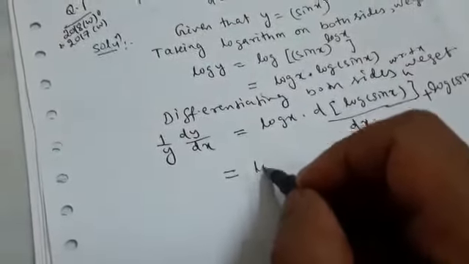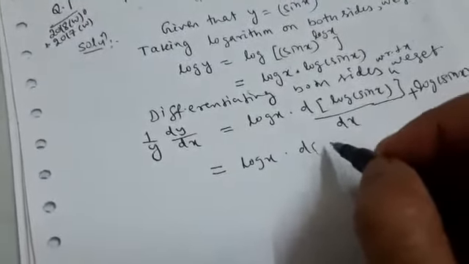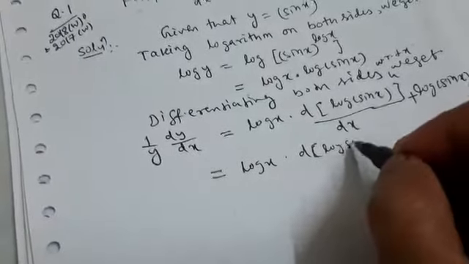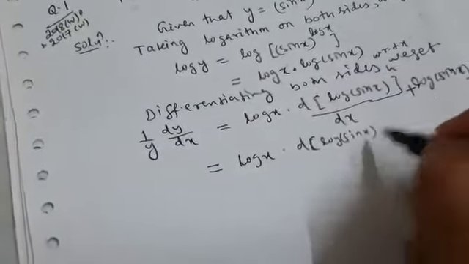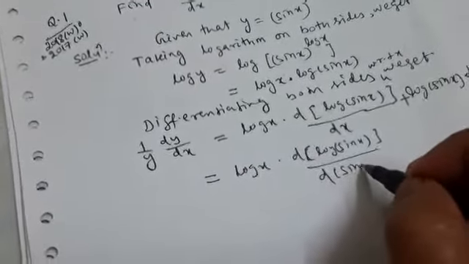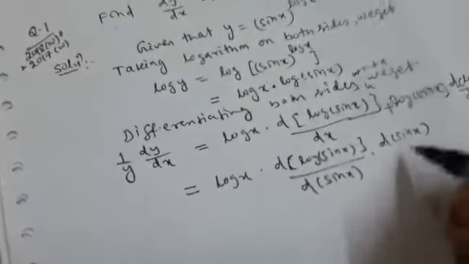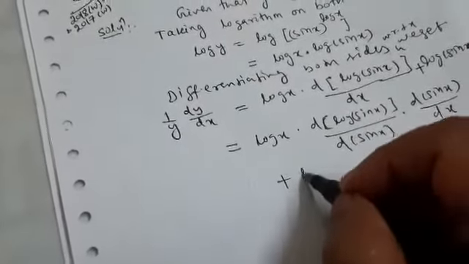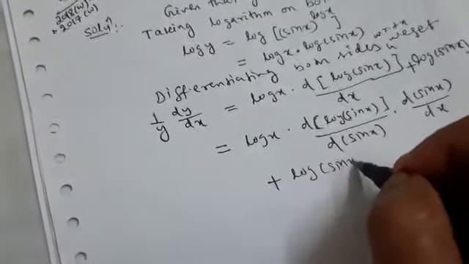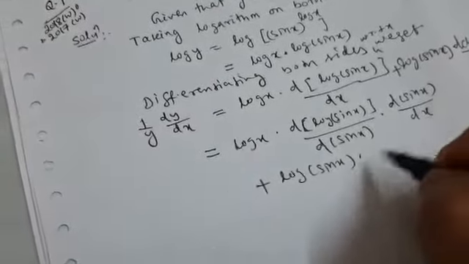So this is equal to log x into derivative of log of sin x with respect to sin x into derivative of sin x with respect to x, plus log of sin x into derivative of log x with respect to x, which is 1 by x.